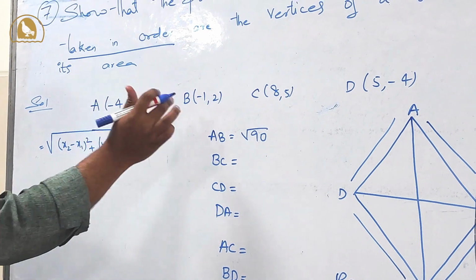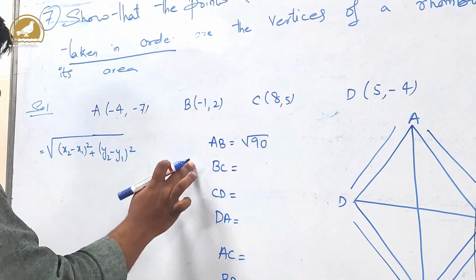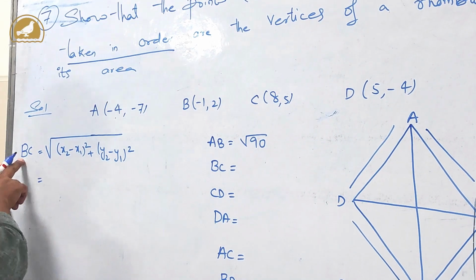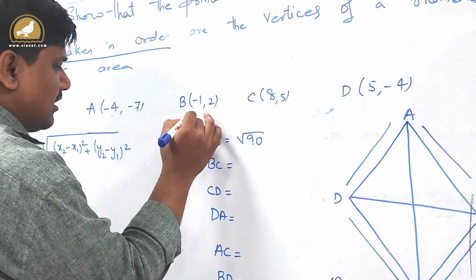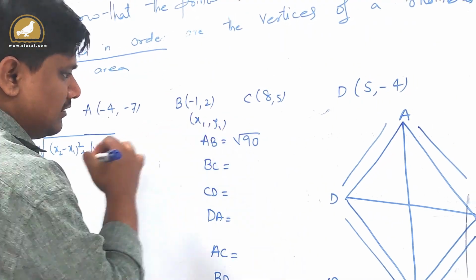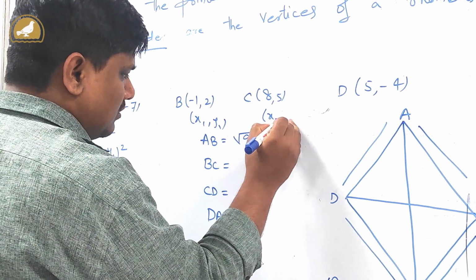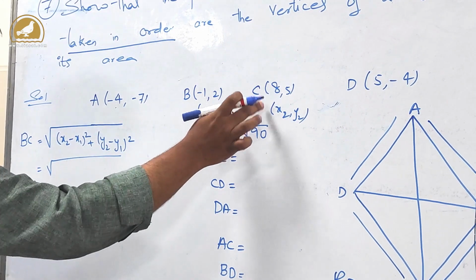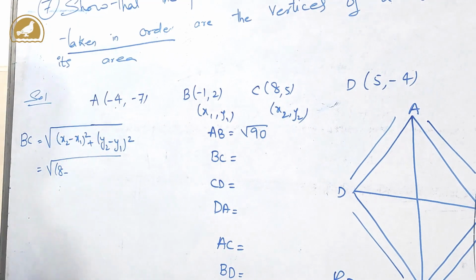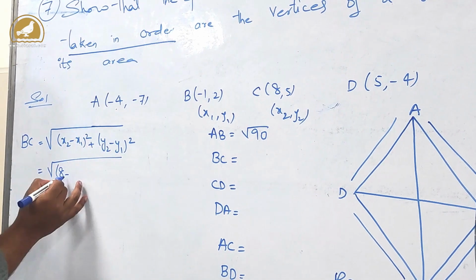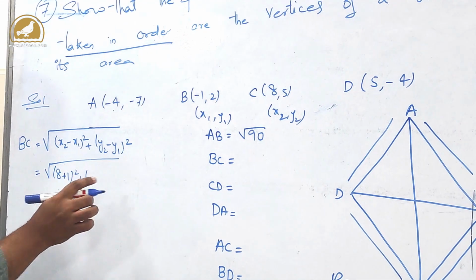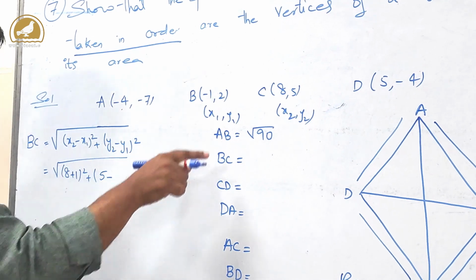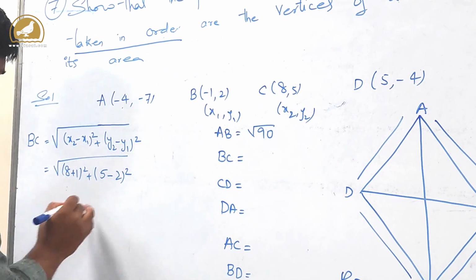Now we'll calculate the distance between B and C to find the BC value. The formula remains the same. B will become x1, y1 and C will become x2, y2. x2 value is 8, x1 value is -1, minus into minus plus 1. y2 value is 5, minus 2, whole square.